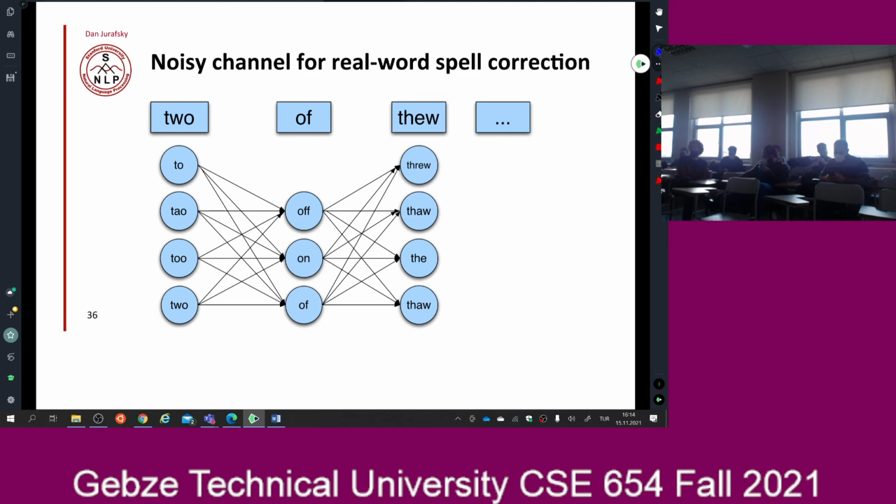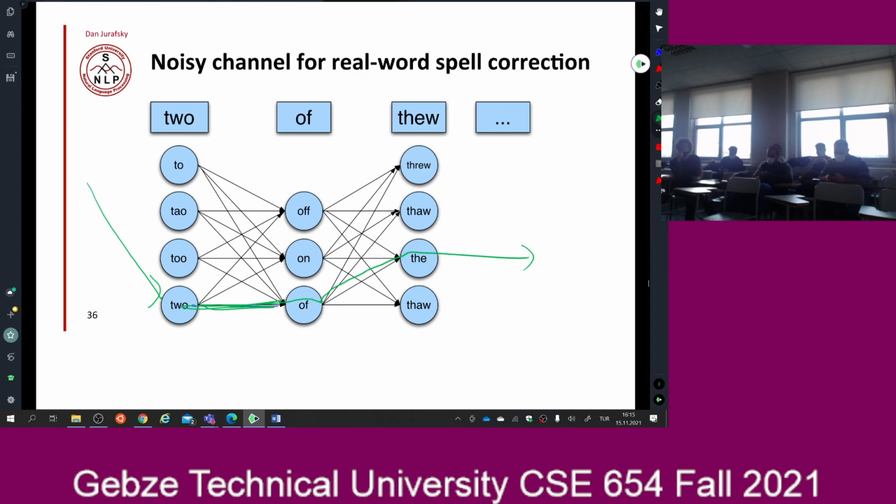'Of' could be this one, or this one. 'Q' could be this one, and this one. So my task is to find a path in this graph, okay? So start and end.